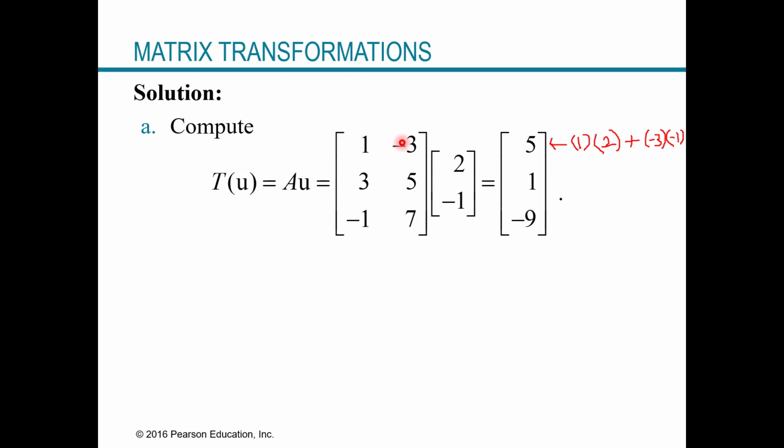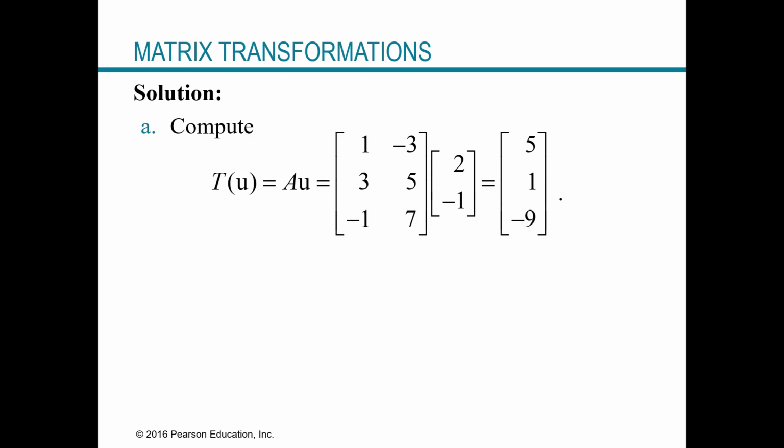It's just row 1 from A times column 1 from U. And it's just 1 times 2 plus -3 times -1. That's where 5 came from. You would get this 1 right here from saying 3 times 2 plus 5 times -1. And then the last one, the -9, would be -1 times 2 plus 7 times -1. Okay, just reminding you how that multiplication works.